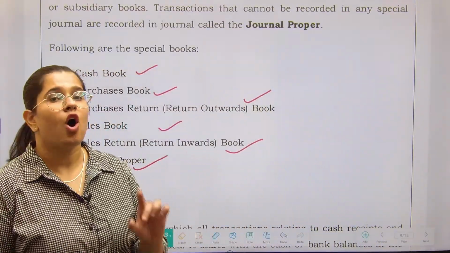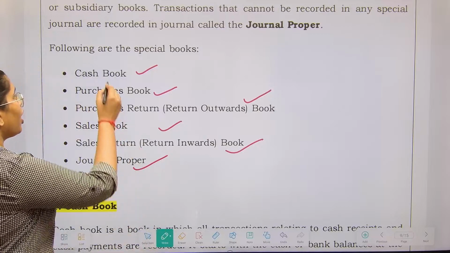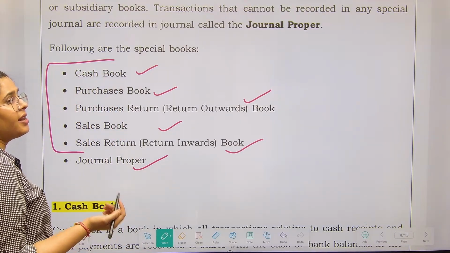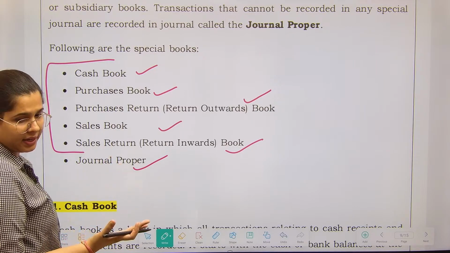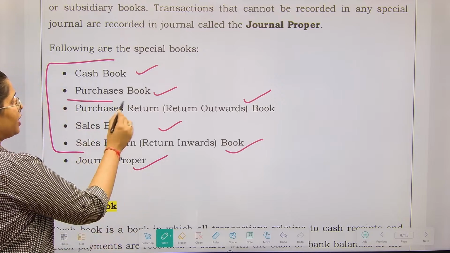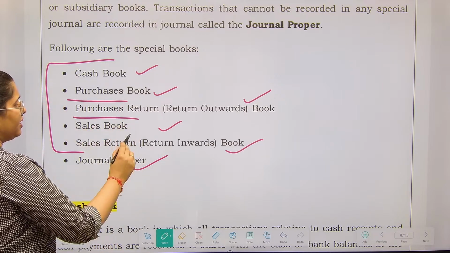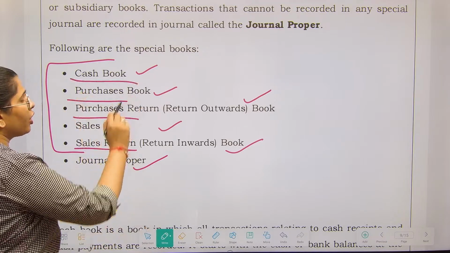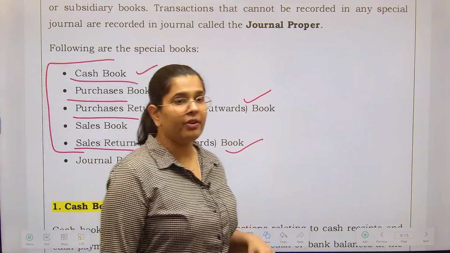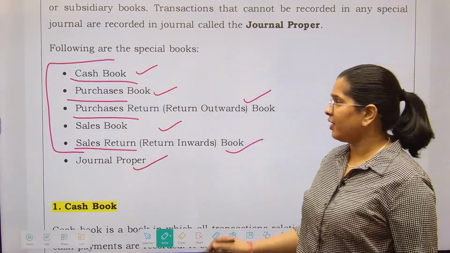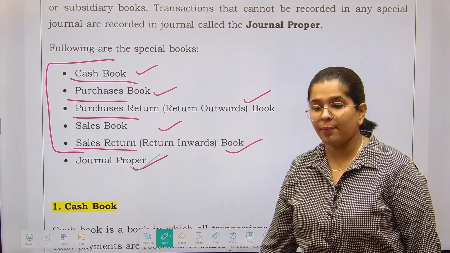Journal proper is for all those entries which cannot find a place over here. Suppose an entry is there: salary account debited to salary outstanding. Now it is neither a purchase return, nor a sales entry, nor a sales return, and it is also not a cash entry. So the entry of salary account debited to salary outstanding will be put in the journal proper.